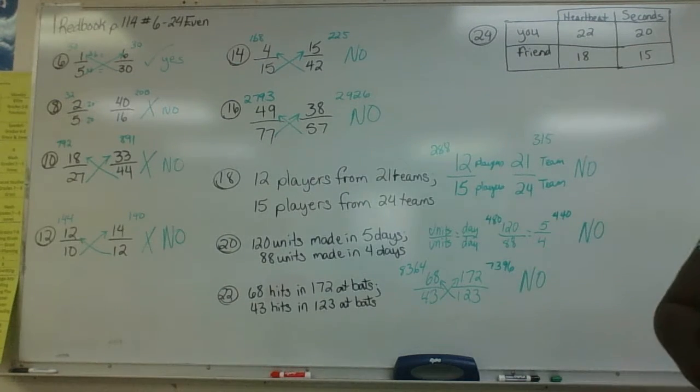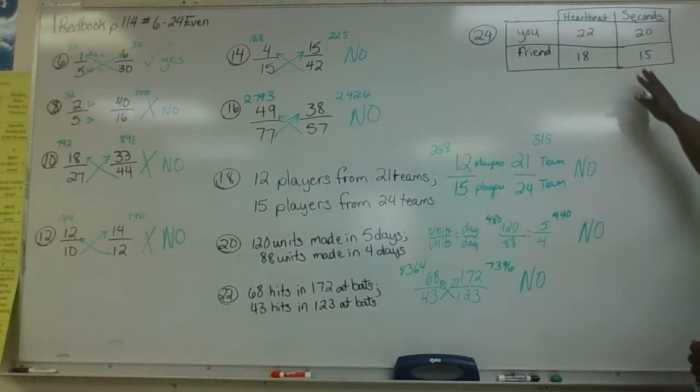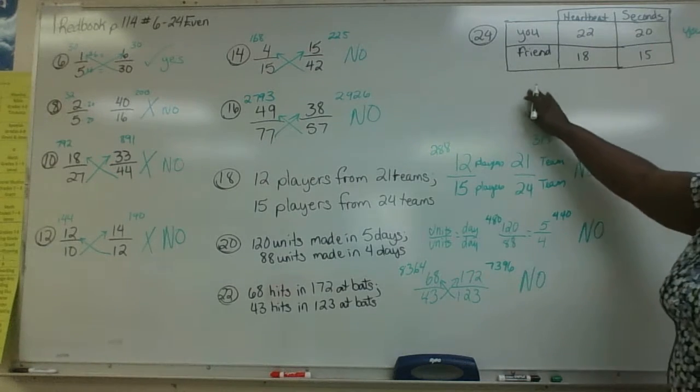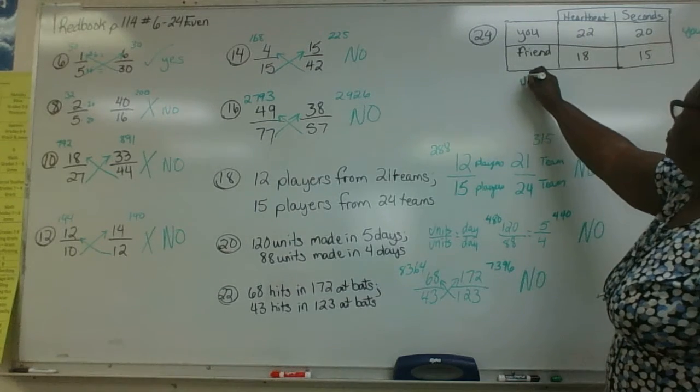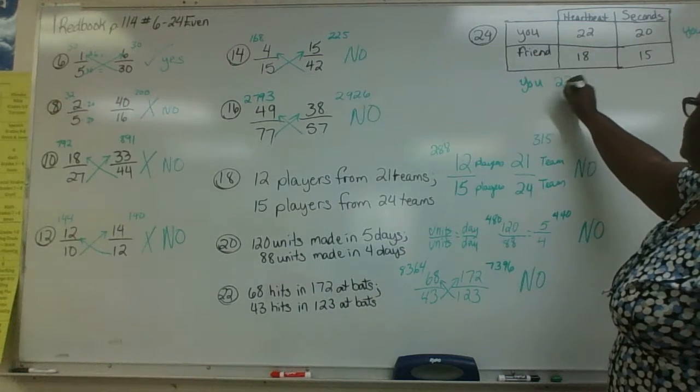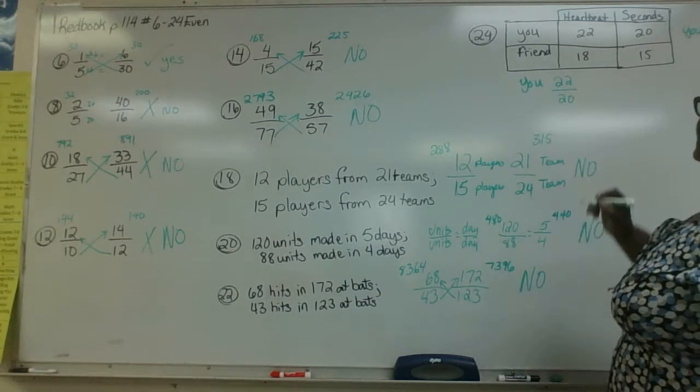And so you need to find the heartbeat rates of you and your friend. So what we want to do is get the rate. For you, we have 22 beats, 20 seconds.